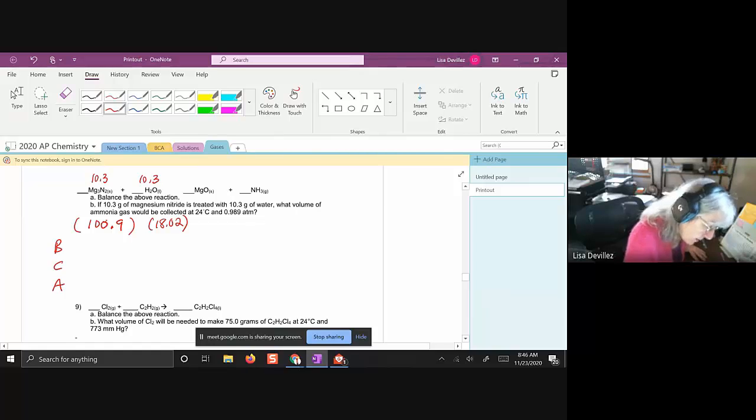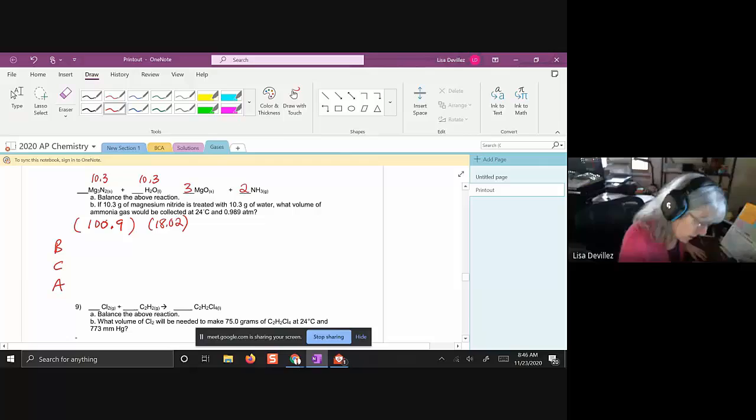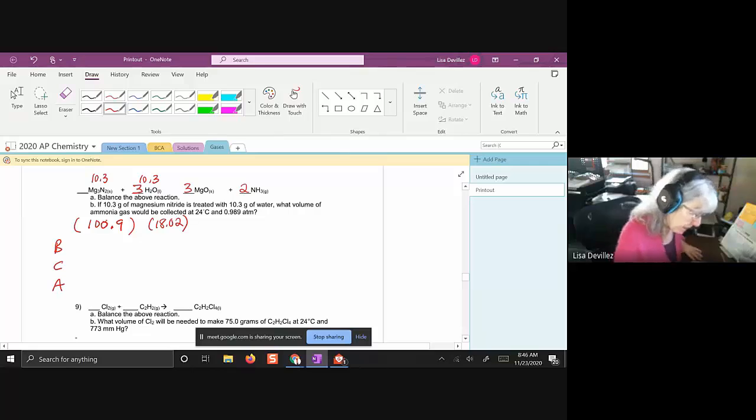Let's see what we got. There's a 3. To do a 3 there, 2 there. That gives me 3 and 6, which would be a 3 there. Okay. 10.3. So 0.102 of the magnesium nitride and 0.572 of the water.